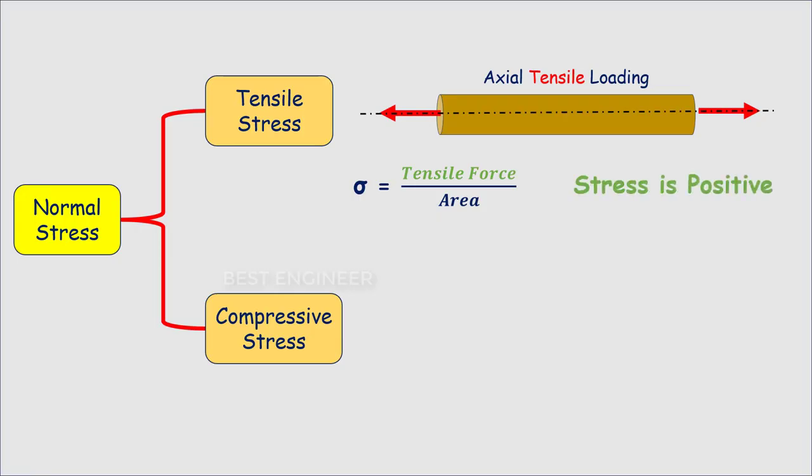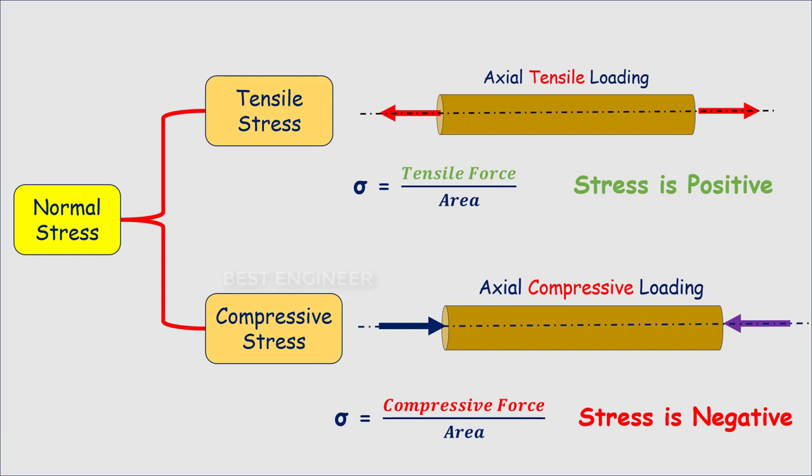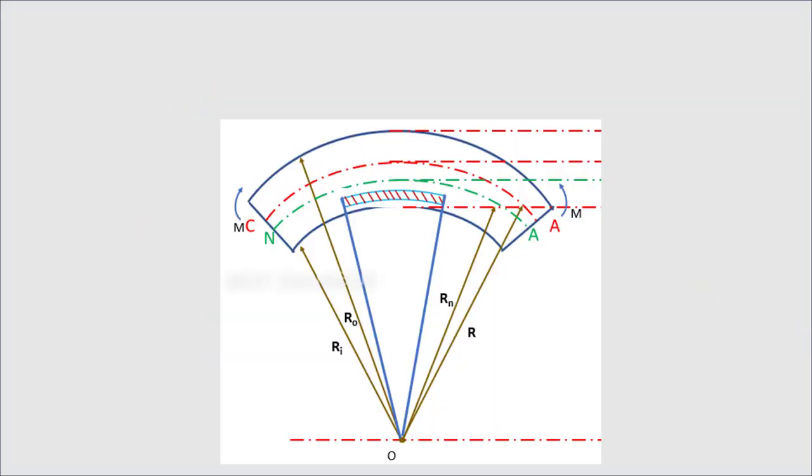Similarly, the compressive stress is calculated for a compressive load application, that is compressive force per unit area. The compressive stress is negative. This stress moves in parallel lines across the area in normal cross-section bars. In a curved beam, both tensile and compressive stress will act at the top and bottom layers.